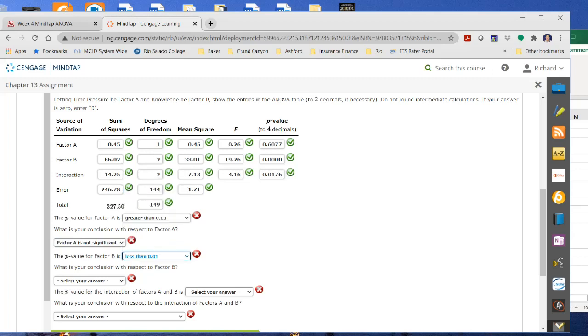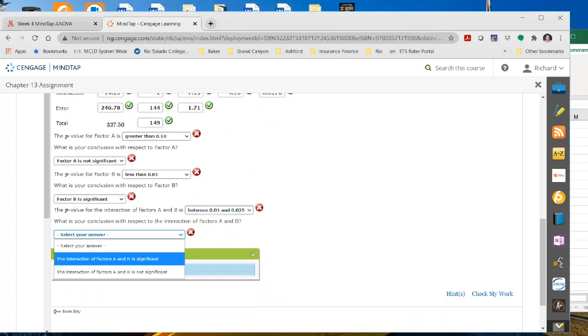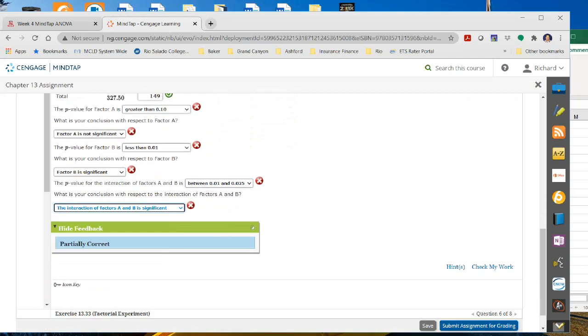That's less than 0.01. So that is significant. And our p-value for the interaction is 0.0176. It's between 0.01 and 0.025, but in particular, it's less than our alpha value, which is 0.05. So there is interaction, and that interaction is significant.